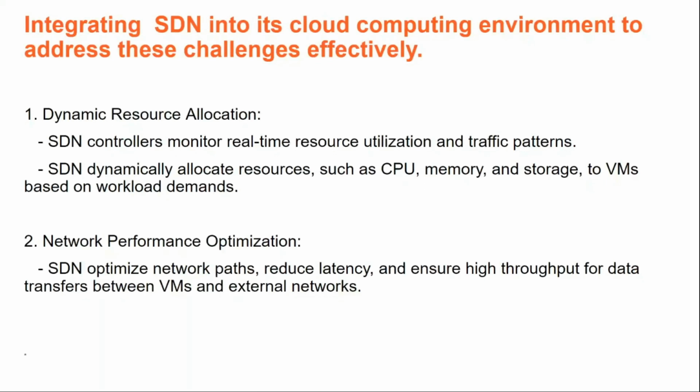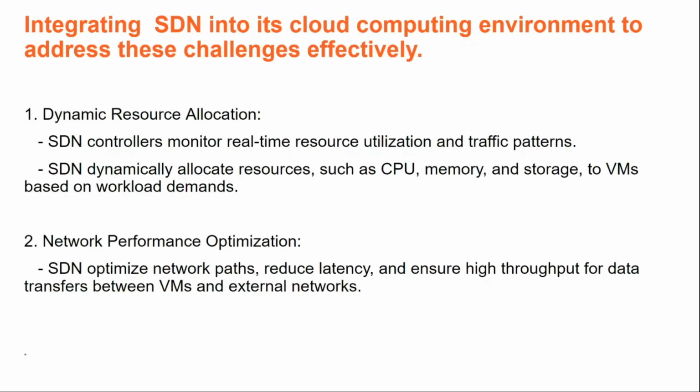The second one was network performance. How will SDN help in network performance? Yes, SDN will help in optimizing network paths. It will help in choosing the shortest path because it has a controller that has an eagle's eye view of what's happening under it.